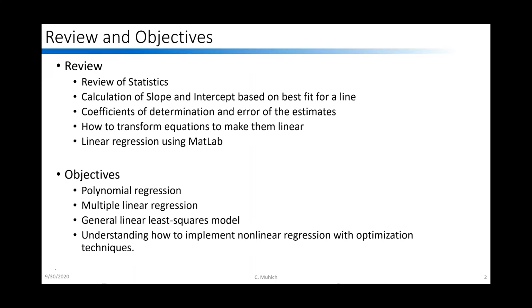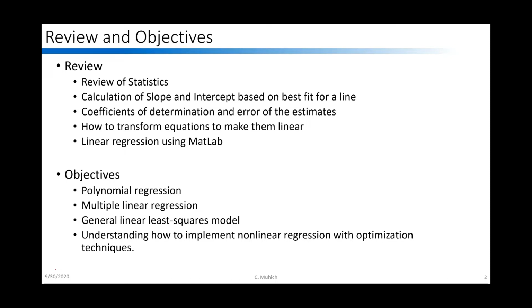We then used coefficients of determination to estimate the error of our line fit. We then talked about how we could transform some equations from nonlinear equations into linear equations such that we could do linear fit on them. And then finally, we talked about linear regression in MATLAB.